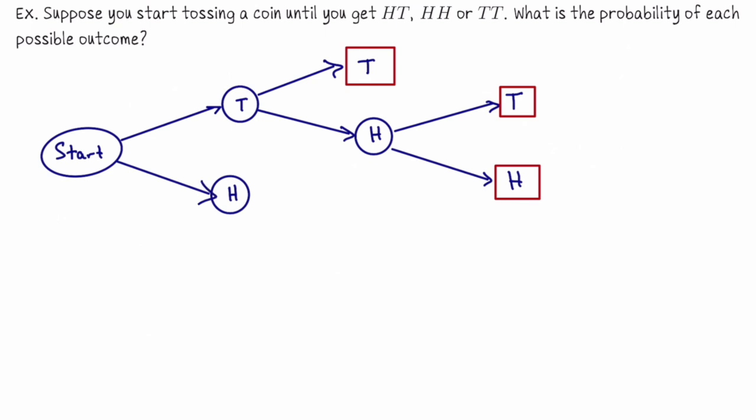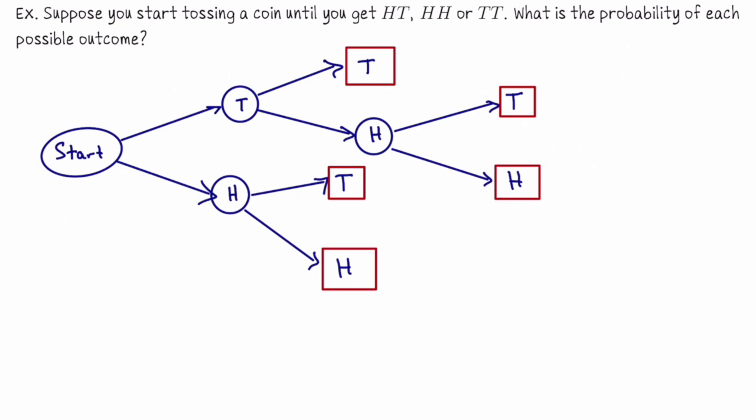What happens if my first flip is a heads? Then I would either do tails or heads, and again, those would both be endings. Okay, so if I did tails at this point or heads at this point, I would have flipped one of the possible endings. Okay, so here's a diagram.